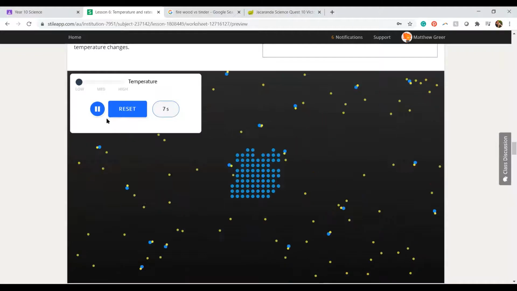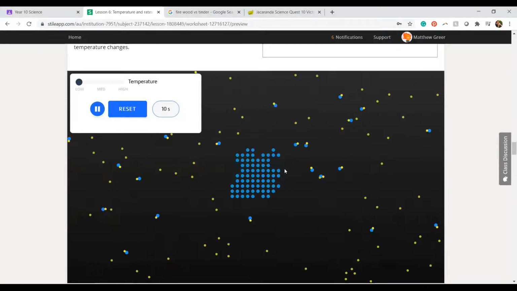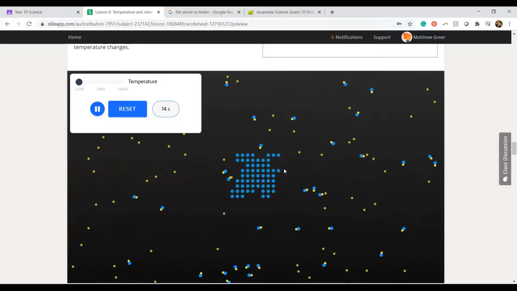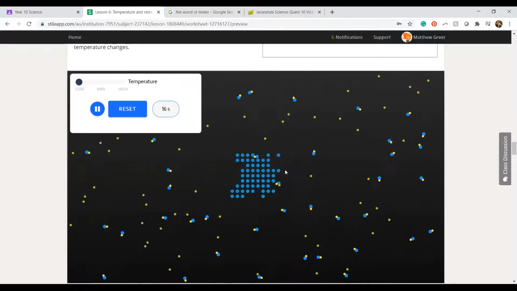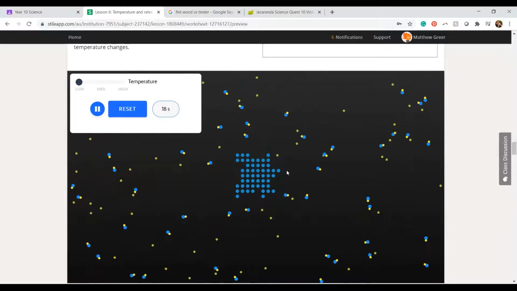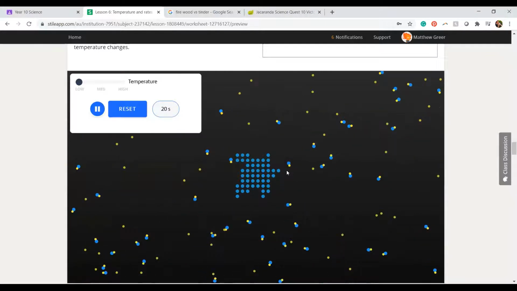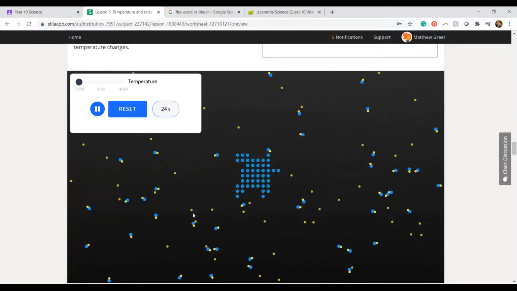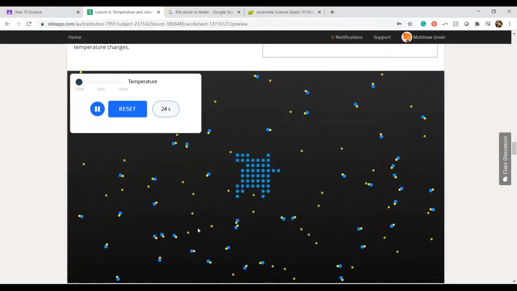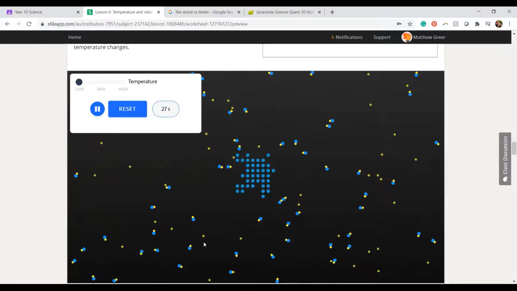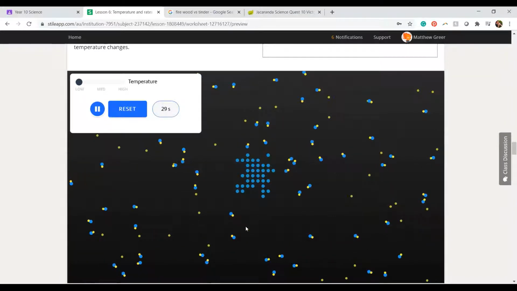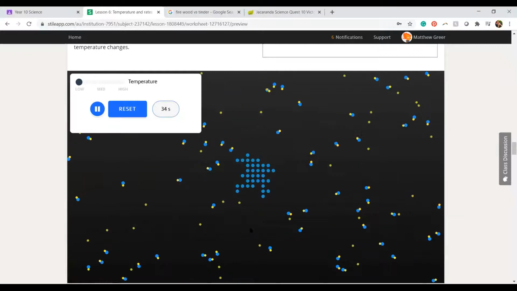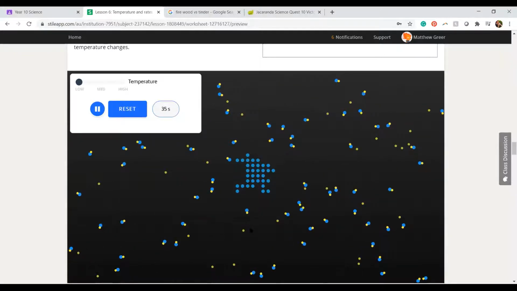Why is it taking so long? Because these things are moving very slowly. Some of them aren't even reacting, they're just going near it. And even if they are, a lot of them are moving very slowly. I'm just watching this one right here, slowly moving. The other ones as well. Some of them are moving a bit quicker, but yeah, it's going to take a while before they react.